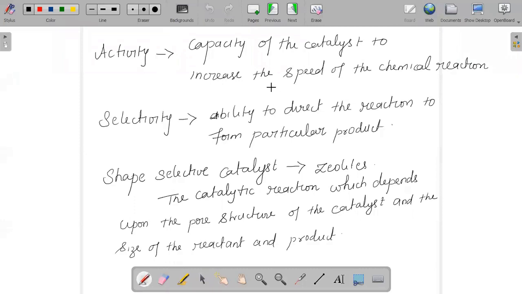And the activity will totally depend upon the extent of chemisorption. The adsorption should be reasonably strong, but it should not be so strong that the adsorbed molecule becomes immobile, and hence there will be no place for other reactants to get adsorbed.